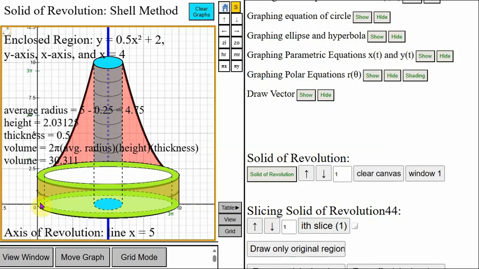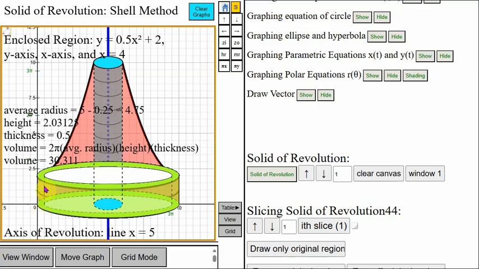And therefore the average radius, which is right in the middle, is 4.75. So for shell number 1, the average radius is 4.75. And then right here, this is 0, and this is 0.5. So right in the middle, this is 0.25.